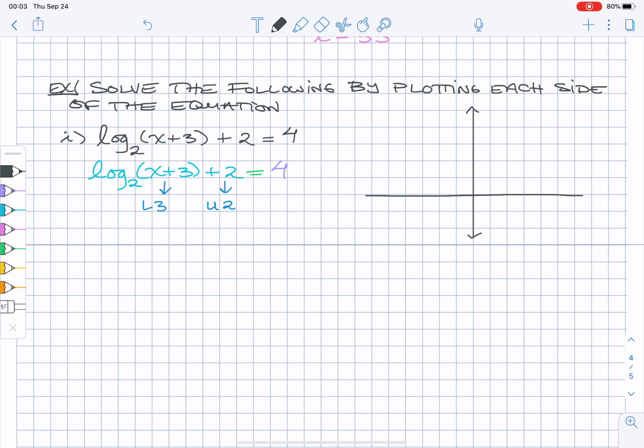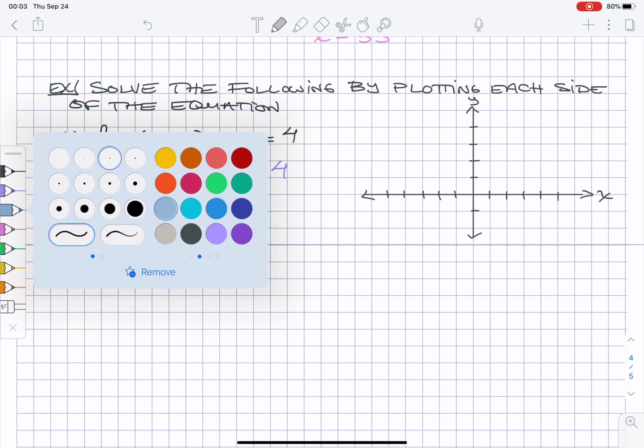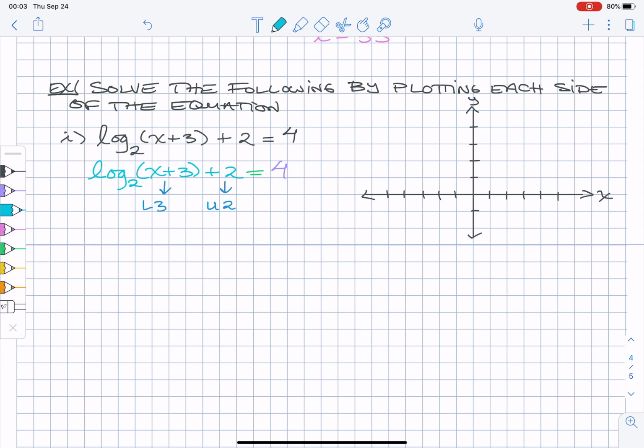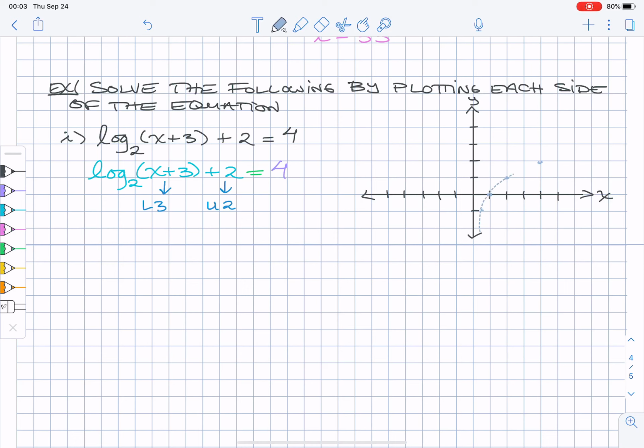Okay, so normally my logarithmic equation would be 1 comma 0, 2 comma 1, 4 comma 2. It would look something like so. And it would be asymptotic to the y-axis.